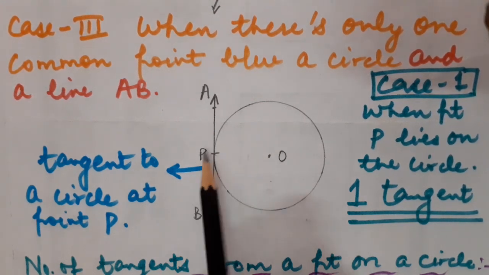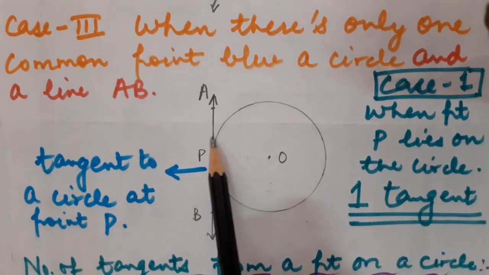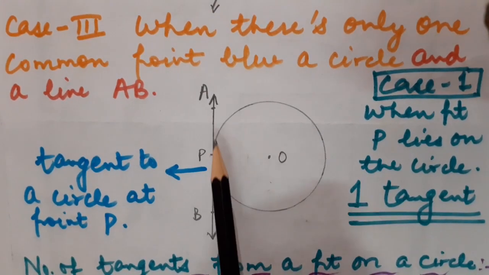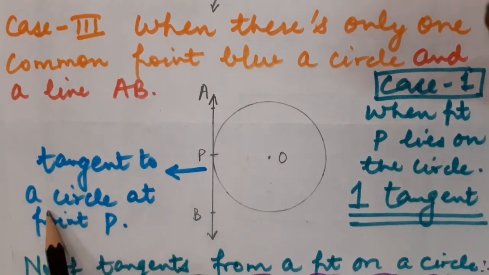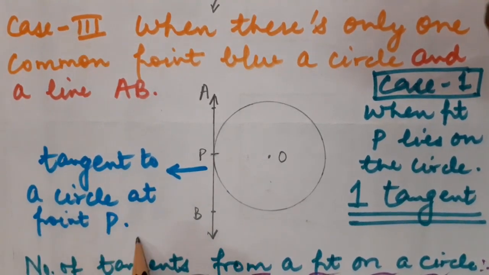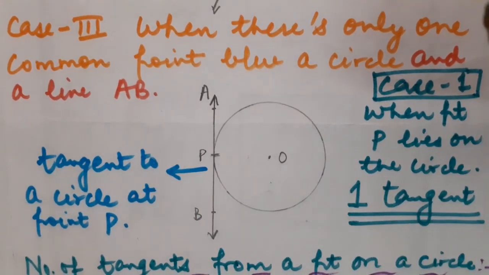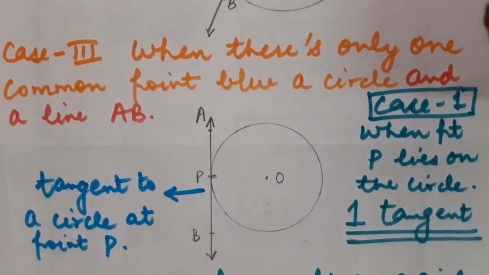Because there is a contact, here you can see at point P, there is a contact between the line and a circle. So here this complete line AB will be known as tangent to a circle at point P, and this point P is known as point of contact. Understood, children?